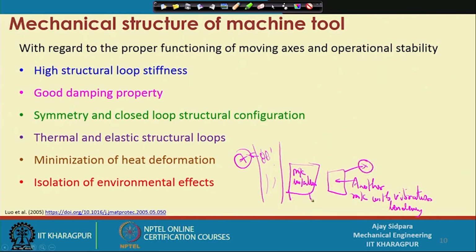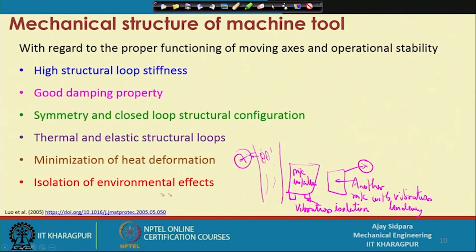You need a proper foundation, vibration isolation, correct. And then another thing is the temperature variation. You have to maintain the temperature within one particular limit.